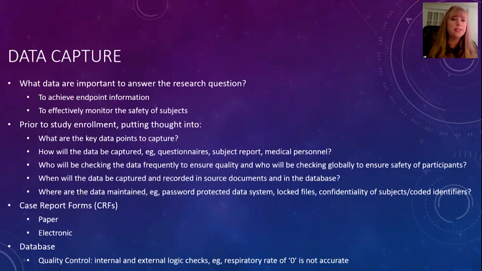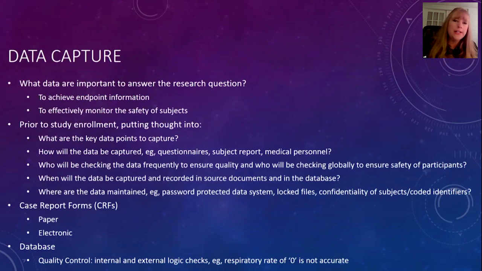So what data are important to answer the research question? What exactly do you need to achieve the endpoint? And then also, what do you need to collect to effectively monitor the safety of the subjects? These are usually some of the most important questions that are pretty common through all clinical research protocols.